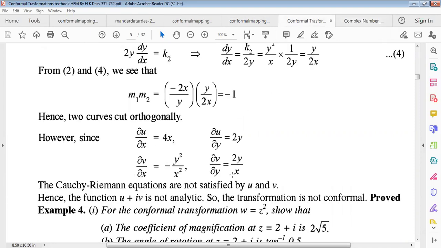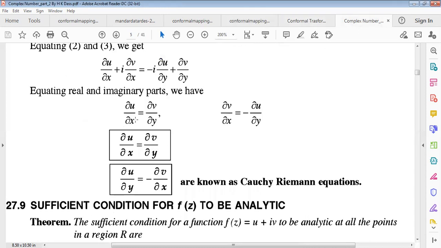They are not satisfied because del u del x equals 4x, del u del y equals twice y, del v del x equals minus y square x square. If we put these values in the equation, we do not get the equality. That means the Cauchy-Riemann equations are not satisfied, which is why the function is not a conformal mapping.